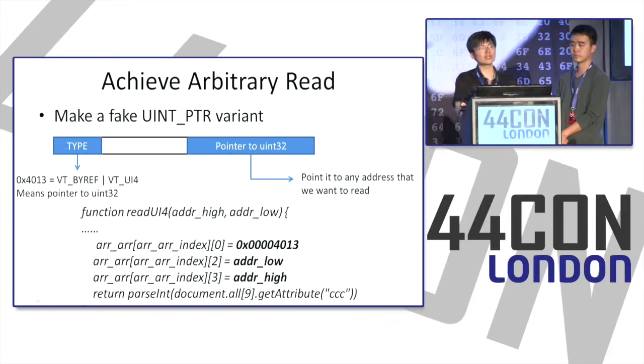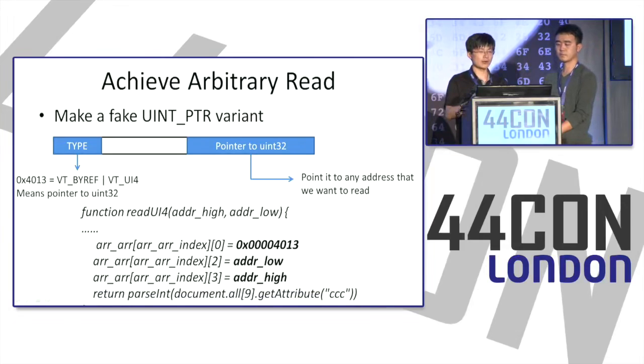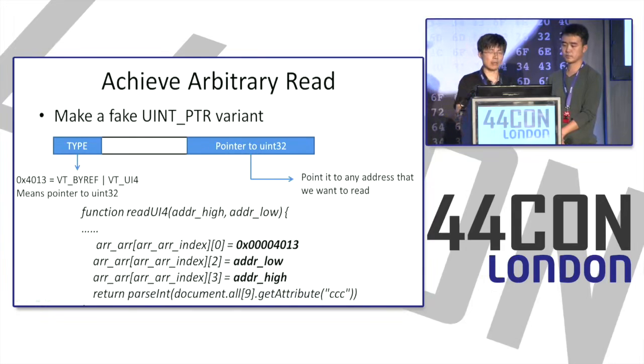Since we have full control of this variant data structure, we can make it any type of variant. And we can set it to a pointer to an unsigned int. Using this, we can achieve arbitrary memory read.